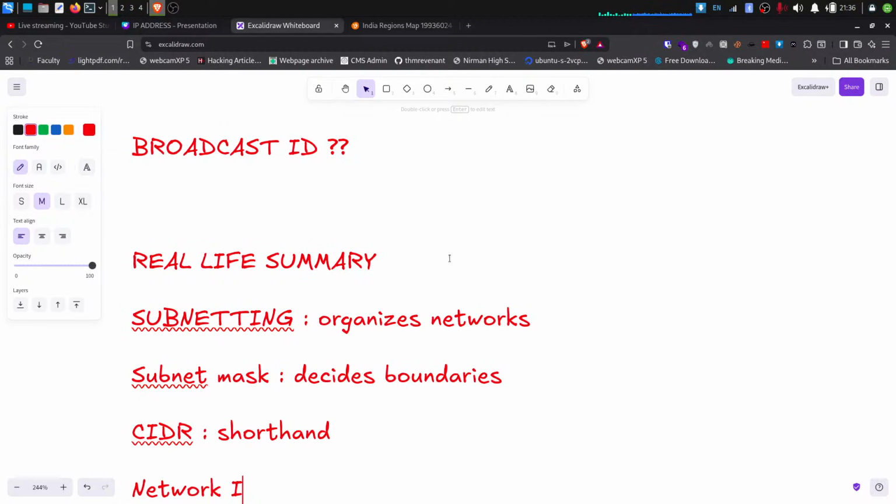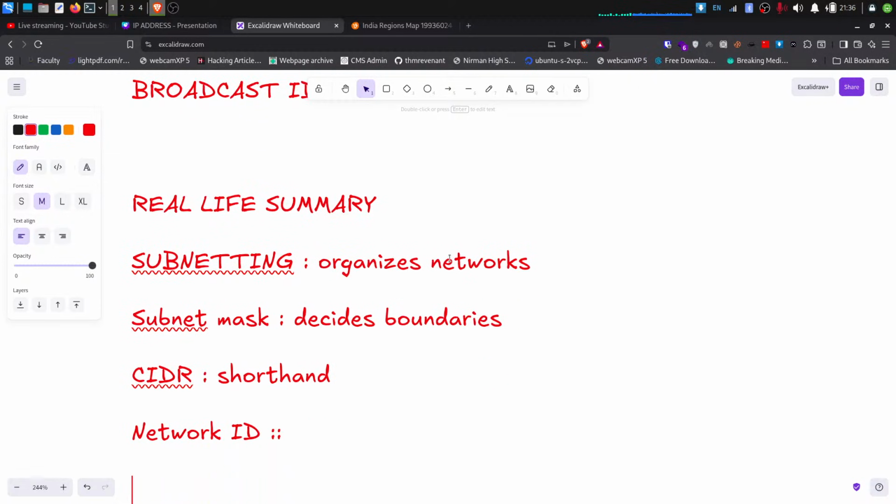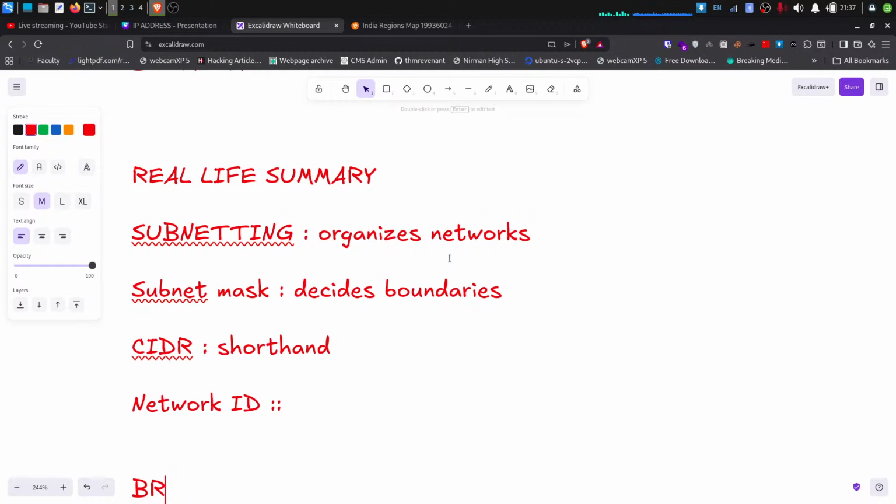So I just want to check the comments for the network ID and for broadcast ID. We have a whole calculation for that too. Yes, the first most host part of IP that identifies the network. It's like number of companies.